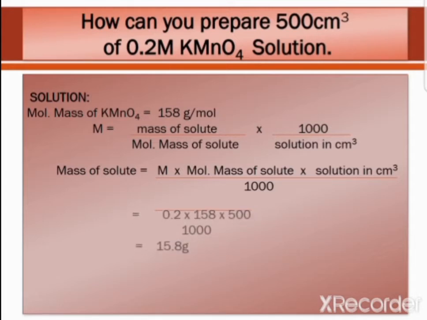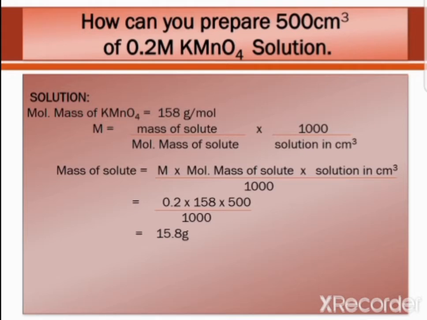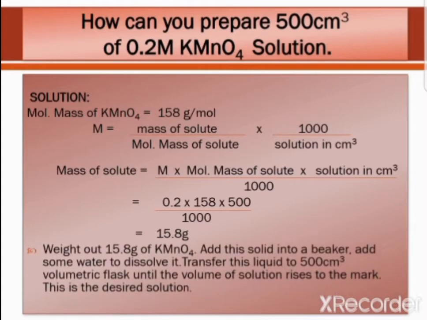By putting the values of molarity as 0.2, molecular mass of solute is 158 and the solution in cubic centimeter is 500 divided by 1000, answer is 15.8 grams.